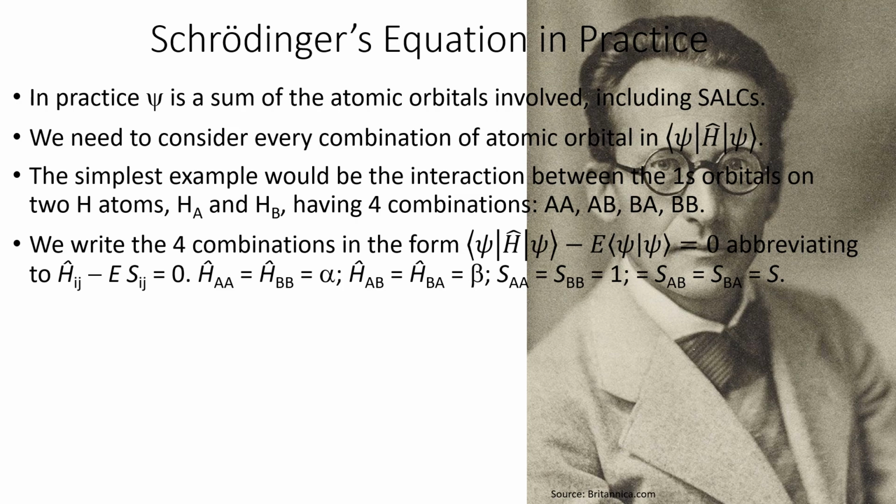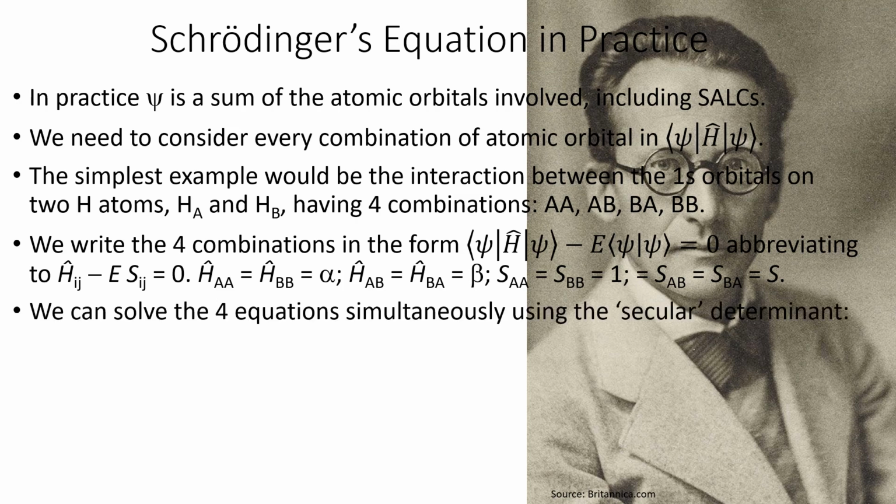It's the overlap integral. And so what we get actually are these 4 equations relating to the 4 sets of indices. And so i can correspond to the atomic orbital in the bra psi, and j can correspond to the atomic orbital in the ket psi.